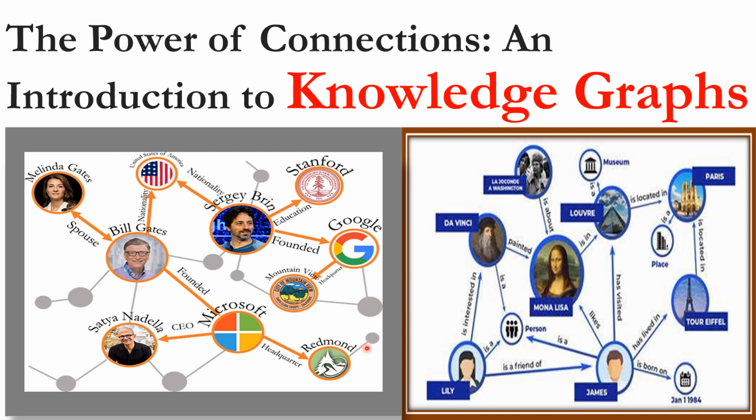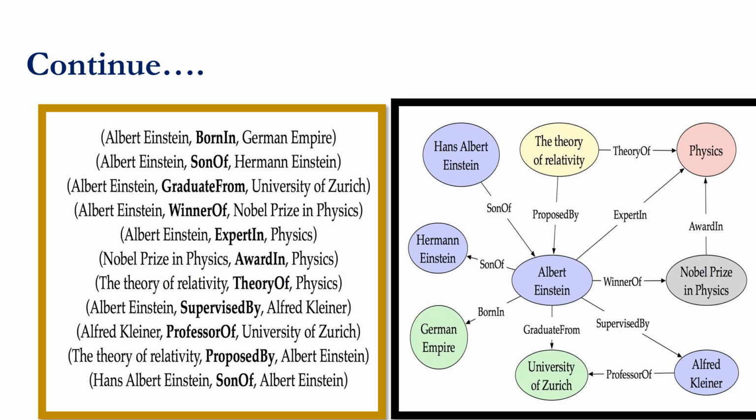So now imagine you have a large knowledge graph that includes many people, their relations and their attributes. Then the graph would enable you to find connections between the people, discover their effects and even predict relations that you didn't know before. Here it is shown like this: Albert Einstein born in Germany, Albert Einstein son of Hermann Einstein.